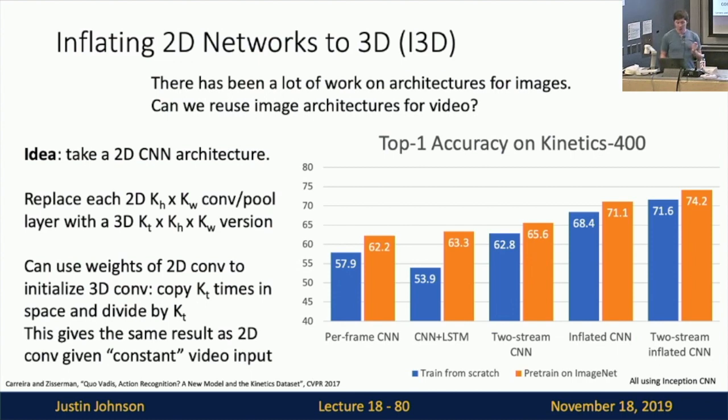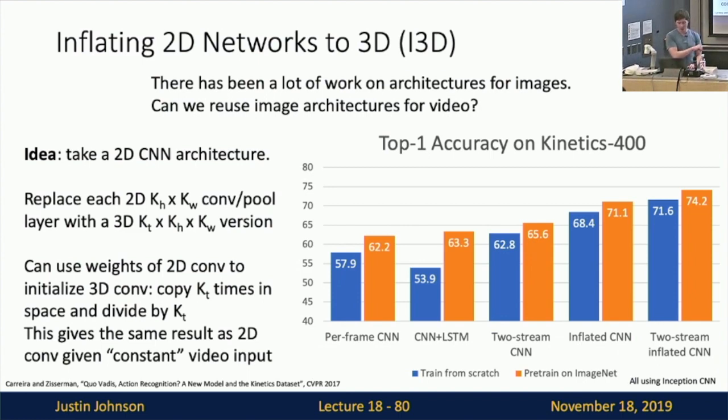So then this actually works quite well. If we look at yet another video data set called Kinetics 400, and run this per frame baseline, the blue bars here are showing training from scratch on the video data set, and the orange bars are showing models where we initialize the video model from the image model.